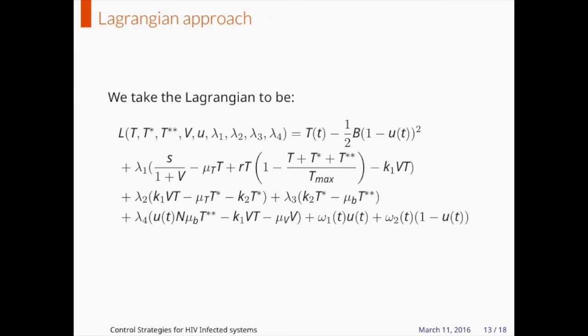The problem can be solved by constructing a Lagrangian from the integrand of our objective function. In the formulation shown here, we introduce 4 Lagrange multipliers that can be manipulated to solve our problem. We also use 2 penalization functions to ensure the solution remains in the desired range.